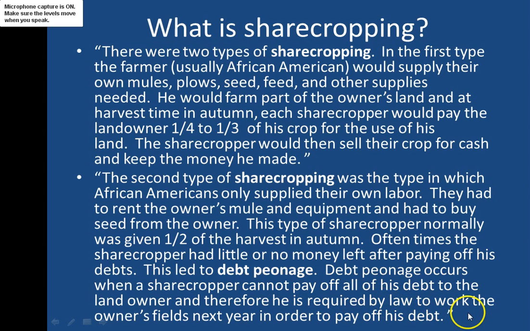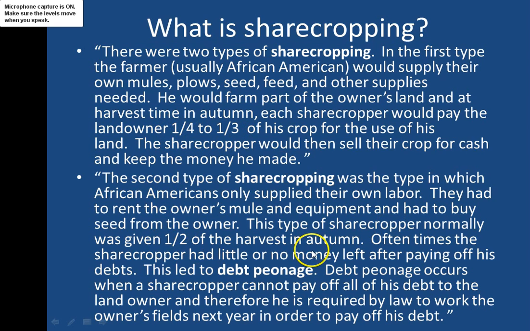So you might be a former slave without any skills that just gets fined by the government for being a vagrant when you have no home, and the only way that you can make money is oftentimes to work for the same people that had you as slaves in the first place. And then when you harvest everything, you have to give up various amounts of the value of your crop, whether it's this much or this much, to the landowner.